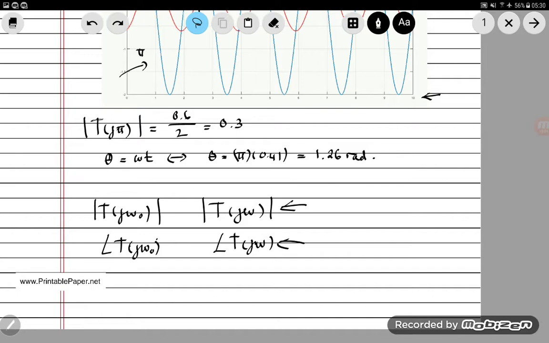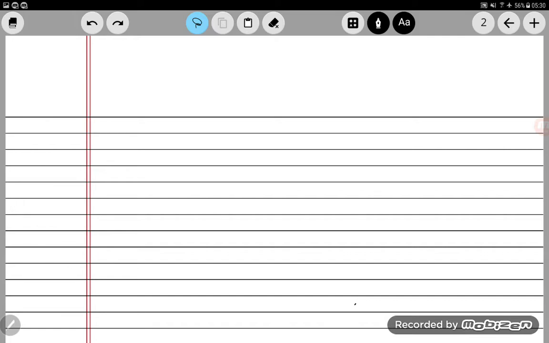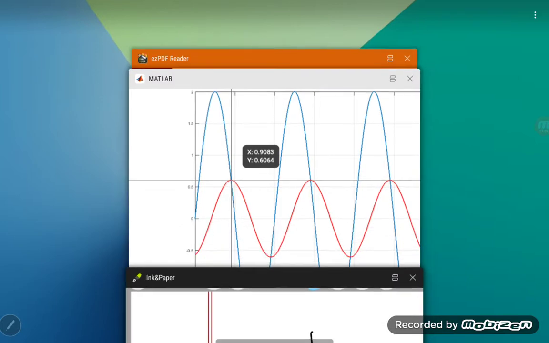Okay. I think it's best we go over the example again to explain this. Let's consider again our example that we did earlier, where our transfer function was 1 over s plus 1. We can easily draw the Bode plot of this system in MATLAB, and I've done that as well.